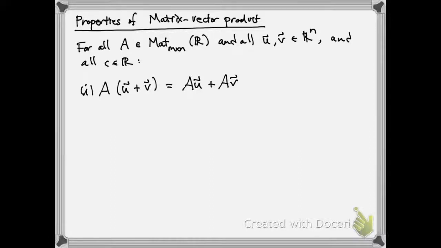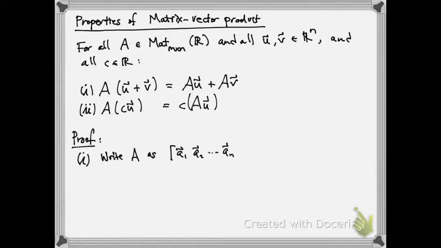So first, matrix vector product is going to distribute over vector addition. Right, so A times (u plus v) is Au plus Av. Second, it's going to play well with scalar multiplication. So namely, if I take the matrix A and multiply it times c times u, I'm going to get the same thing out as if I multiply A times u and then scale it by this scalar c.